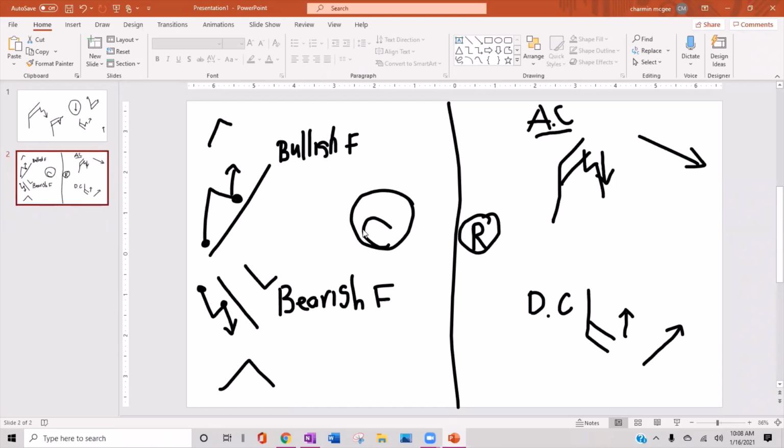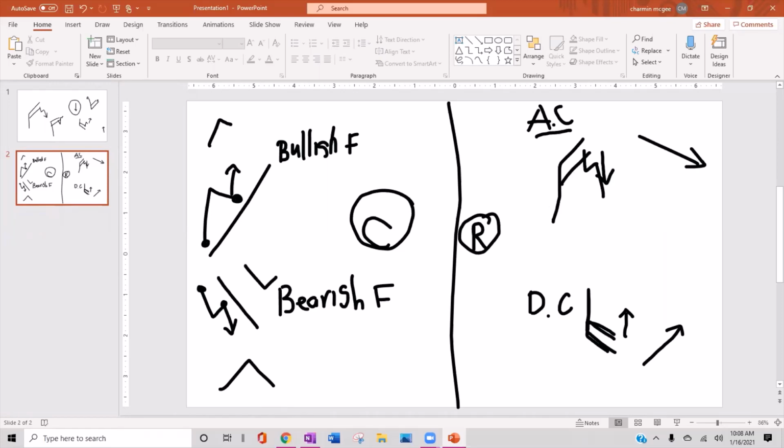Remember, flags are continuation. Channels are reversals. They tell us that the market is going down and then it dips sideways going down. That's an indicator that price wants to reverse. But I don't reverse it until I see a pattern.